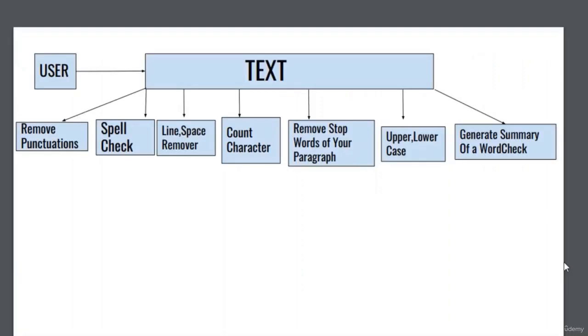Let us understand more about this project, seeing the operations that we are going to perform on a string given as an input. Let's start with removing punctuations. We are going to use the string module of Python to remove the punctuations from the input string. Next is a spell checker. We will be using the TextBlob module of Python to identify words which are wrongly written.